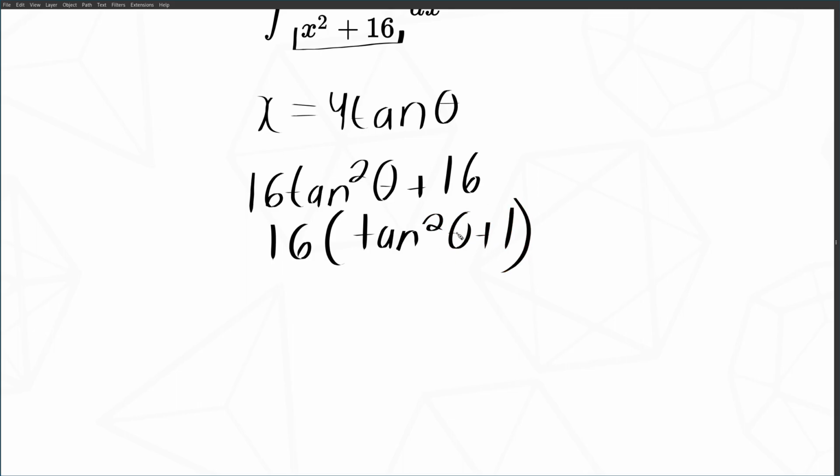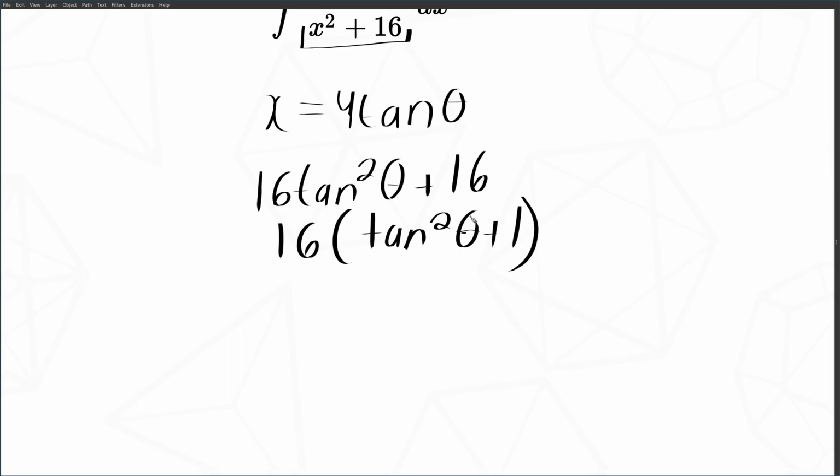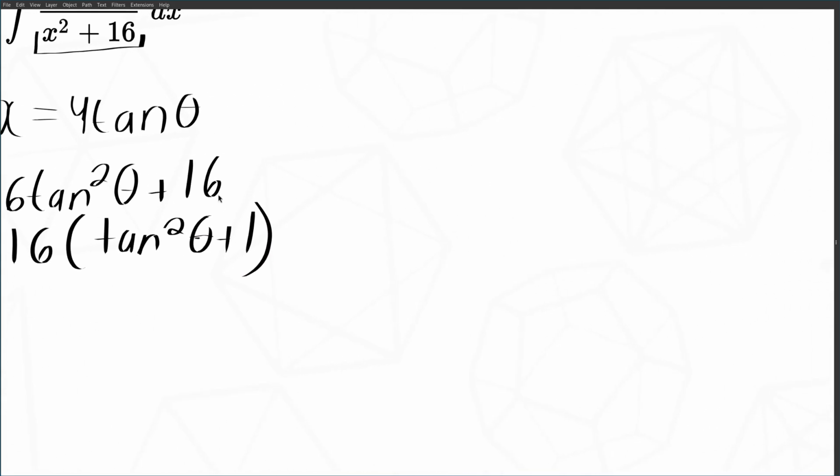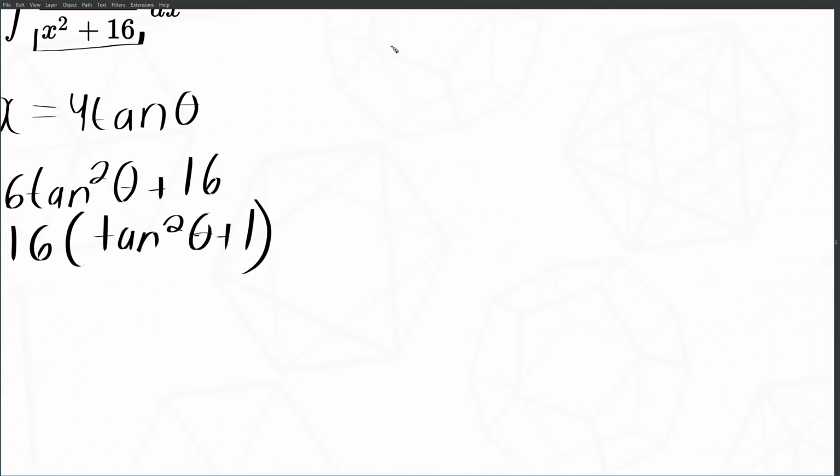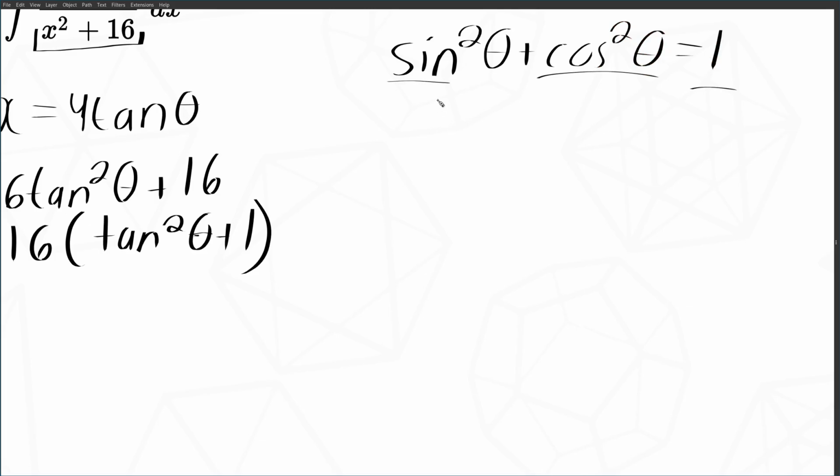And if this looks familiar but you're not quite sure what it is, we can refer back to our Pythagorean identity, the base one. Okay, so sine squared theta plus cosine squared theta. So what we're going to do is divide all of these by cosine squared to make a tangent term. Okay, so this divided by cosine squared is going to be tangent squared theta.